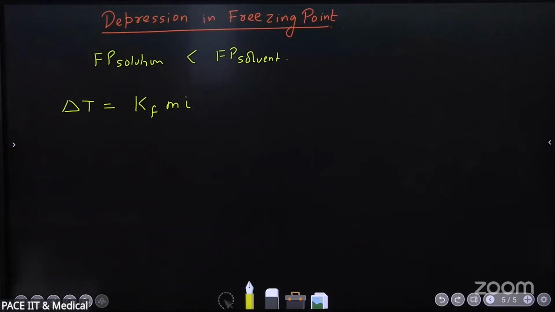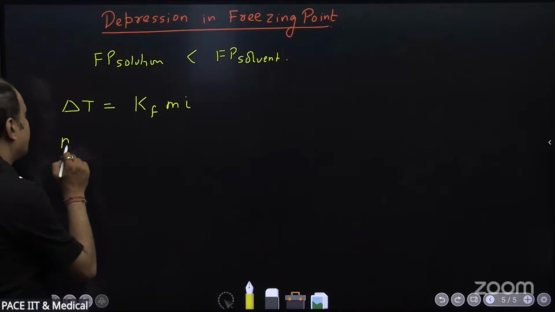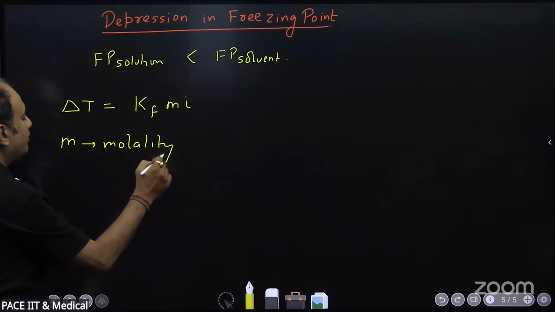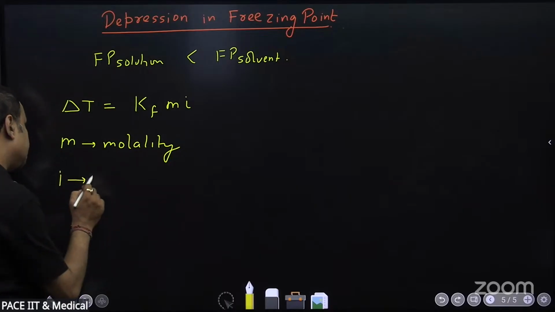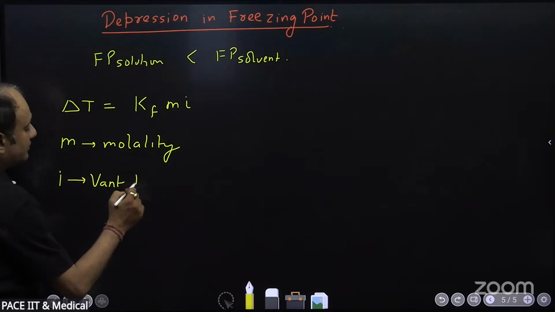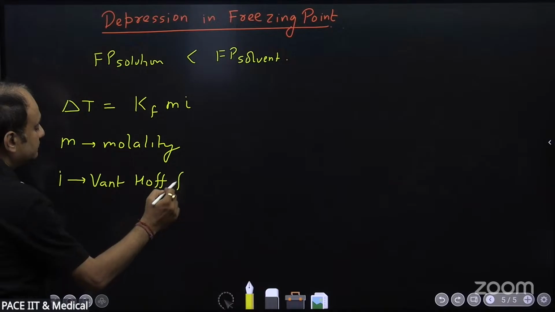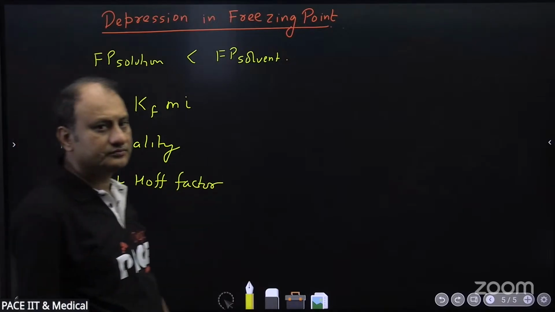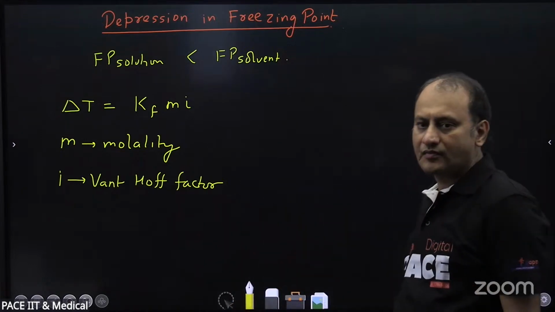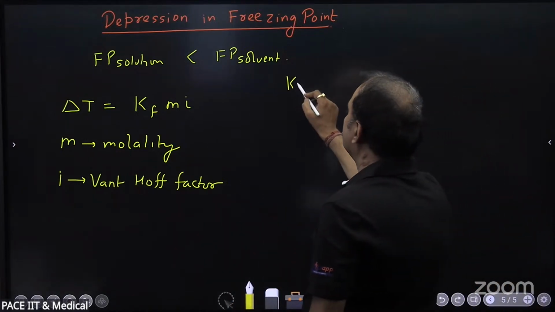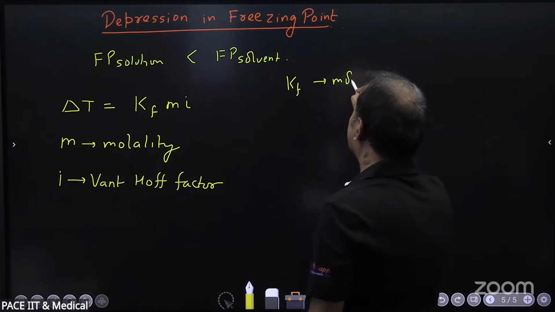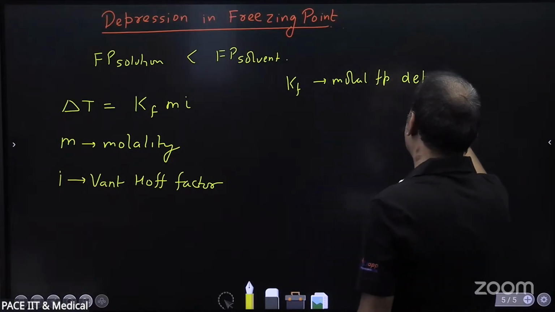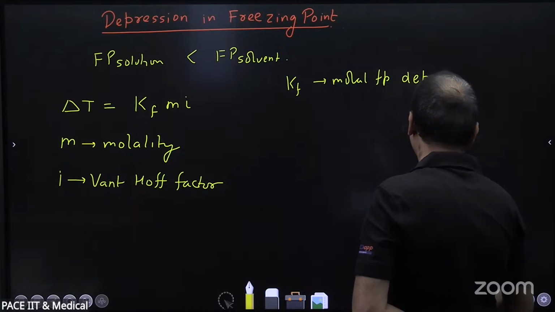Delta T is Kf m i, where m again is the molality of the solution, i is the Van't Hoff factor, and Kf is the molal freezing point depression constant.